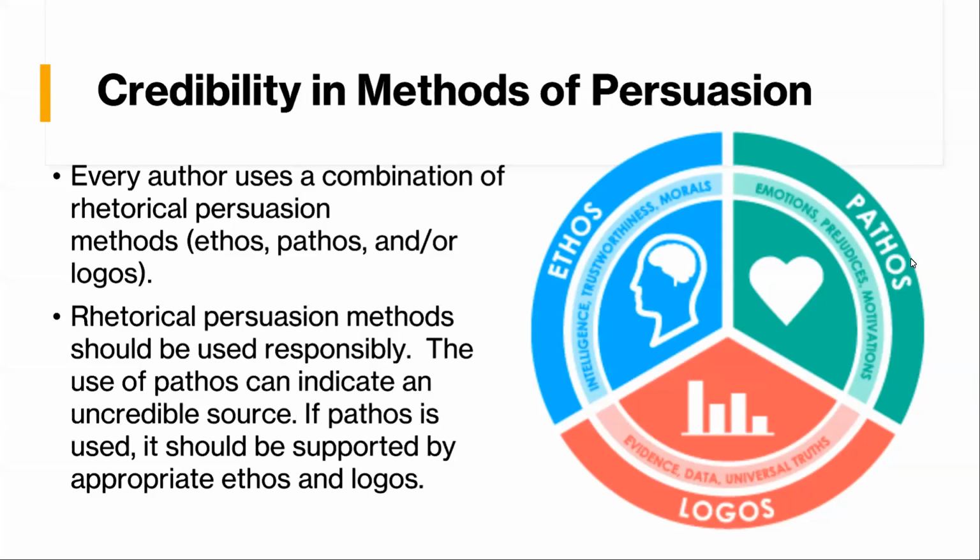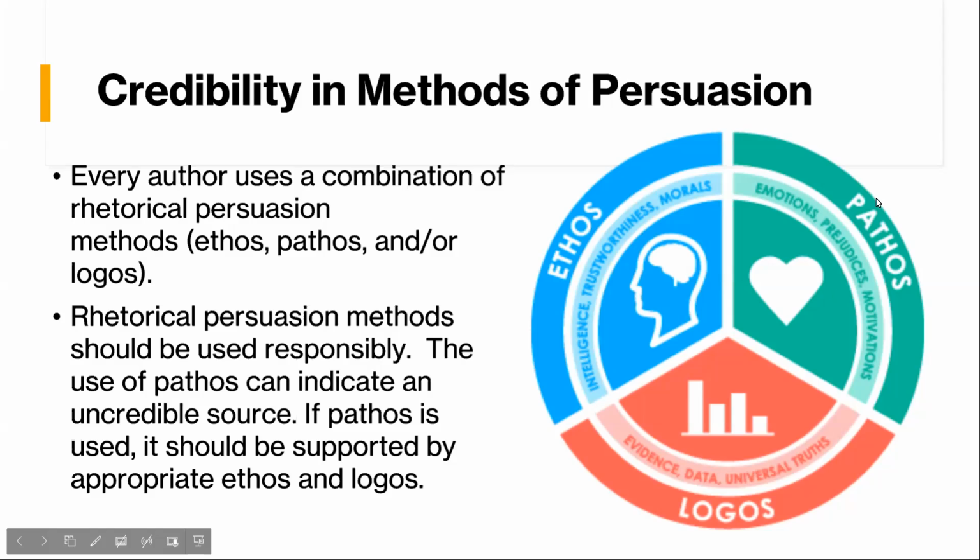However, there are some authors that can credibly use pathos, like for instance, they'll use an example from their own life, right? That's part of their emotions, an example from their own life to kind of hook the reader into the information, but then they'll back up that emotional appeal with the credibility piece and the logic piece.